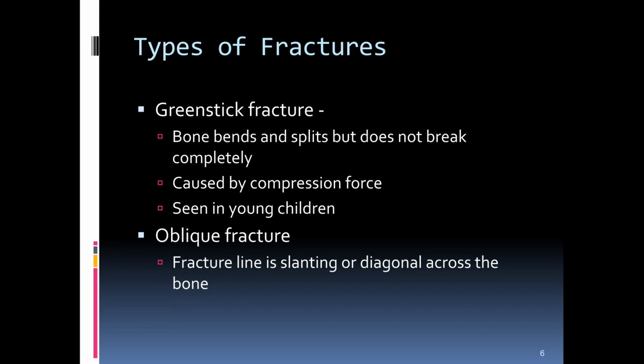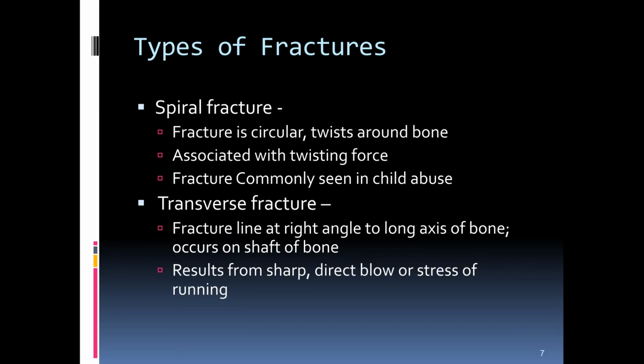Again, you don't need to know the different kinds of fractures. However, in child abuse, a huge red flag that child abuse has occurred is a spiral fracture in, I would say, probably a child less than a year old, because it's a fracture that is circular and twists around the bone.